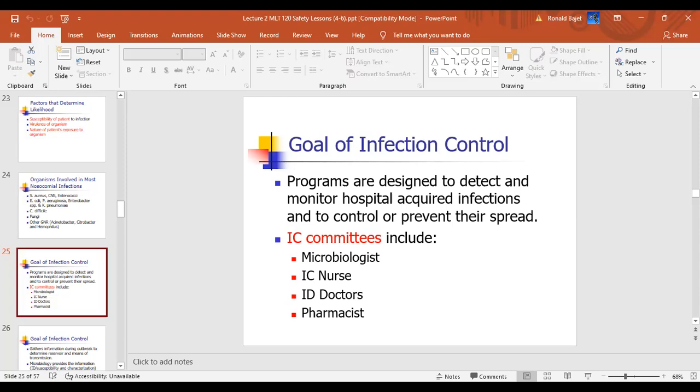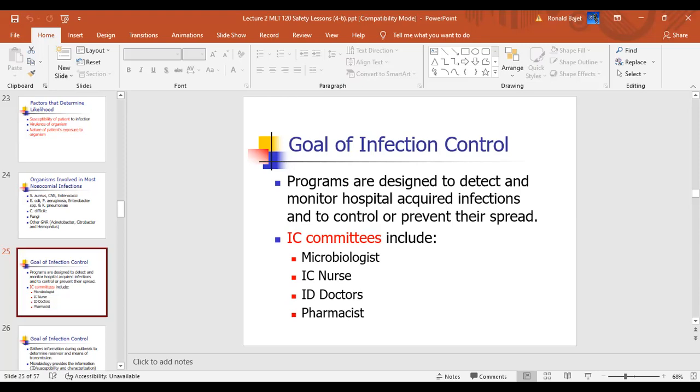But if I go to that organism and I see that it was 30% sensitive to penicillin, for example, then I won't use penicillin. So the antibiogram is a very important tool that the doctors would use once you identify an organism. So that's the importance of having a microbiologist who can do reports like that.